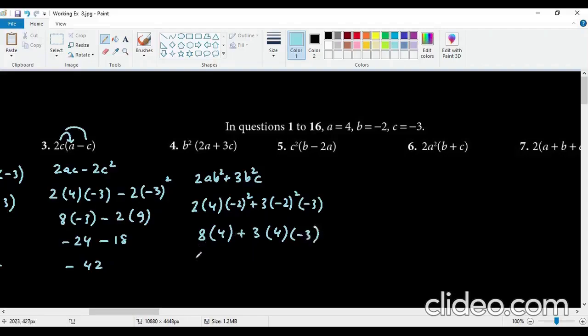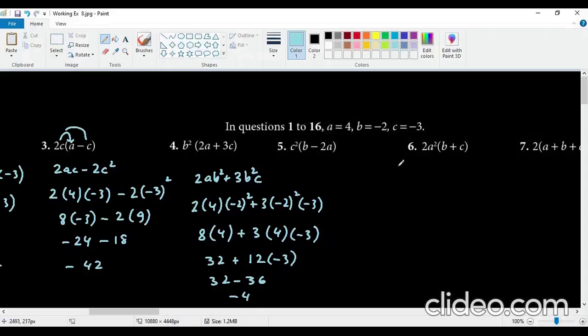So this 8 times 4 is going to give you a 32, plus 3 times 4 is a 12, multiplied by -3. So 32 minus 36 is going to give you a -4 as an answer.